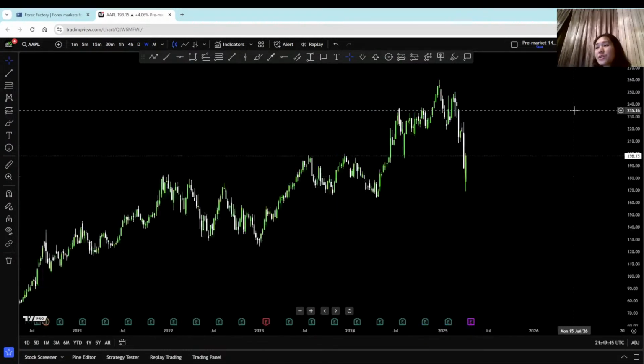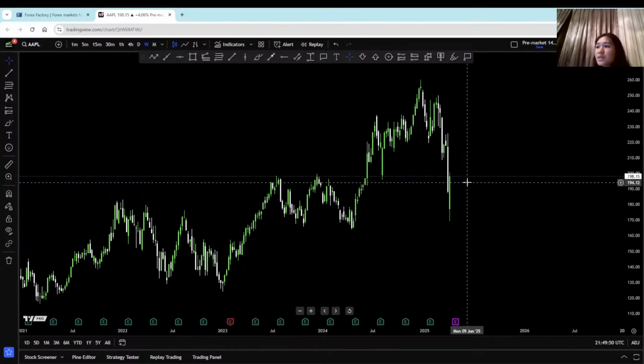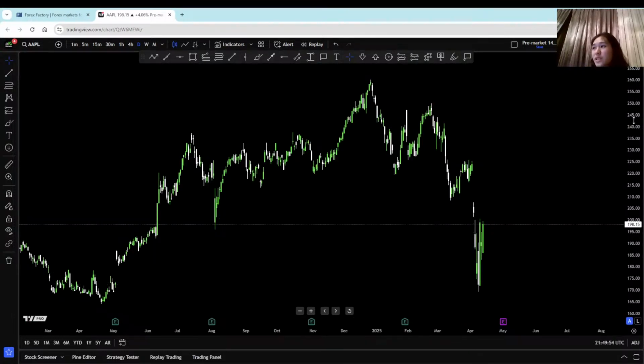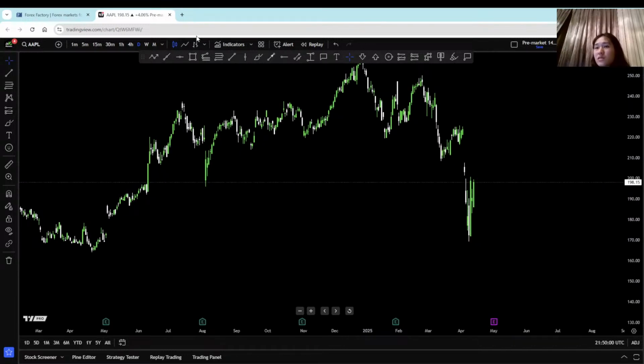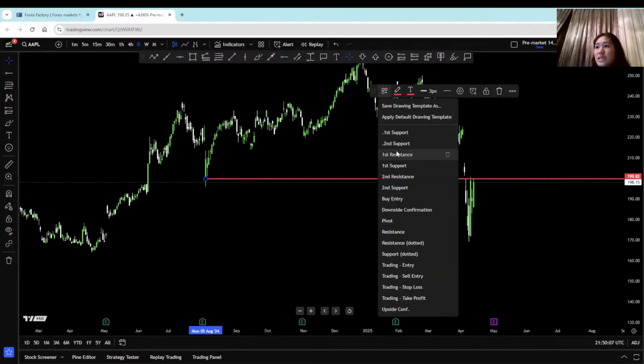Okay, so if we look at Apple, we can see prices have fallen quite a bit with a recent rebound again from the tariffs, or the announcements from the tariffs. So here we're going in with our first resistance.